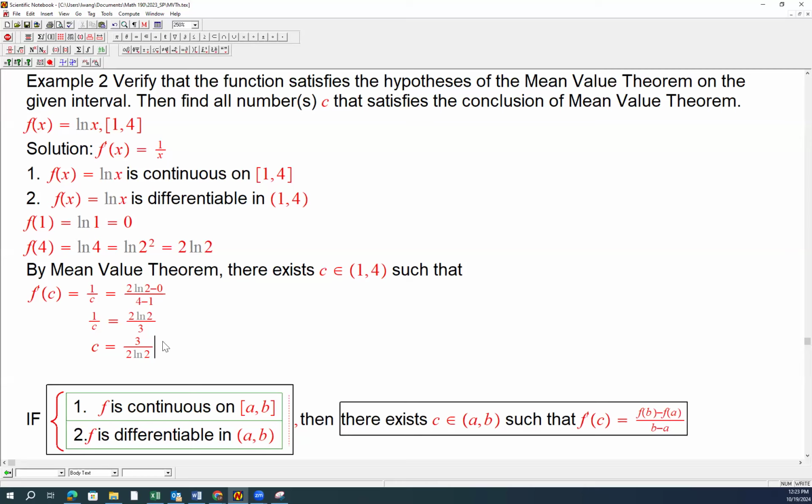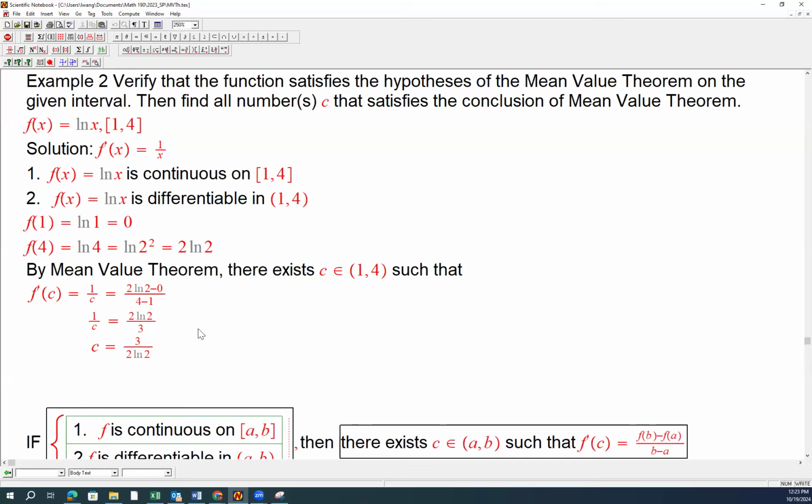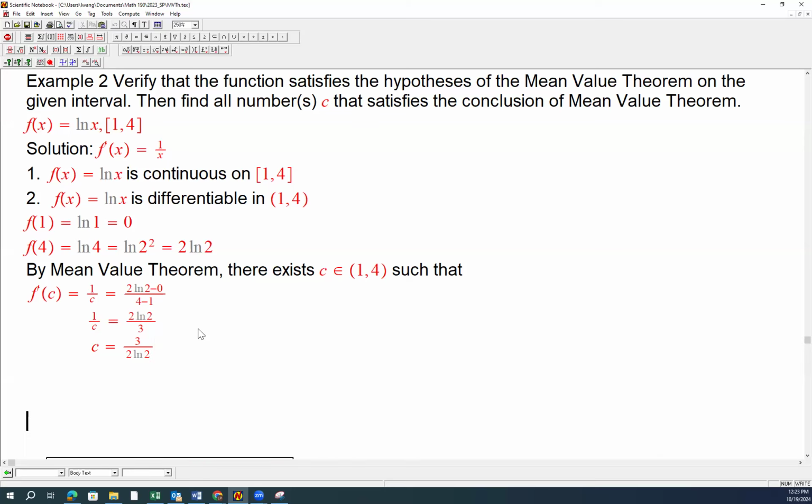Here I'd like to mention something about the geometric meaning of the mean value theorem, even though we mentioned that in the theorem proof. So let's look at our situation. We're going to do a little bit of illustration. The function under consideration is ln x.